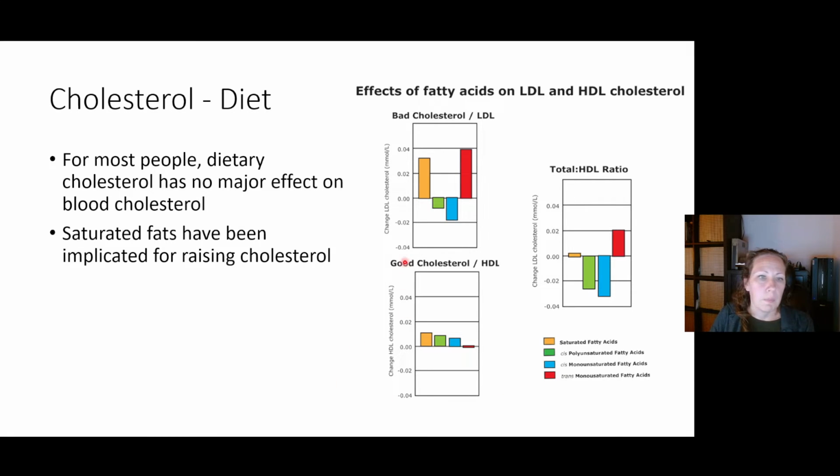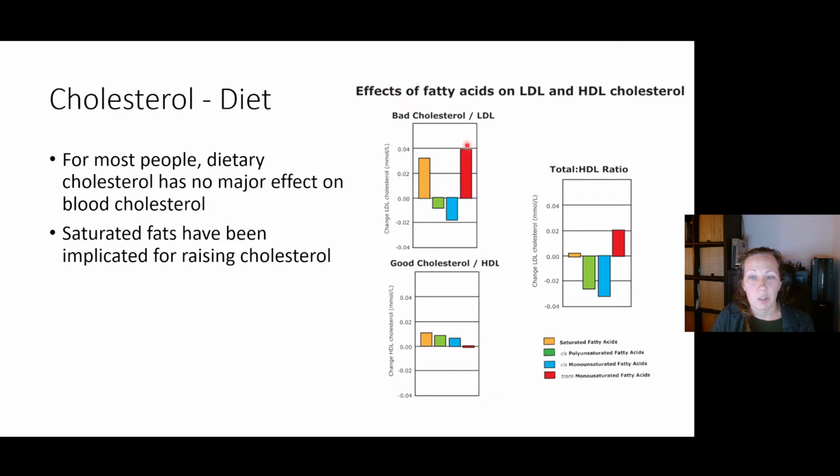Okay, now these graphs here kind of show you how each kind of fat changes cholesterol. In this first one, saturated fatty acids are orange, monounsaturated green, polyunsaturated blue, and trans fats are here. Okay, so the saturated fats in this study raised the LDL, the bad cholesterol, by a decent amount.